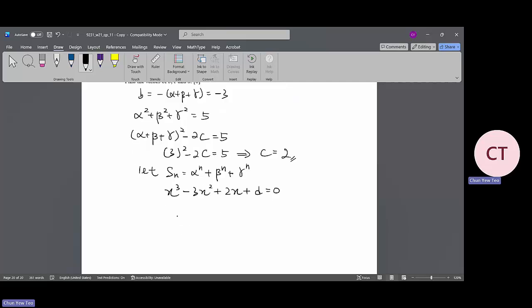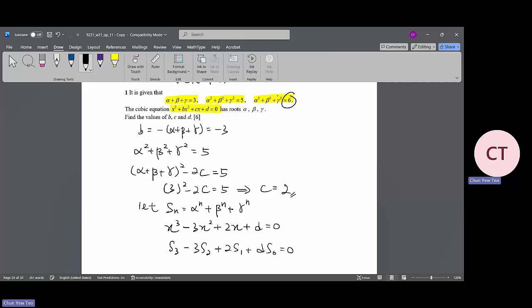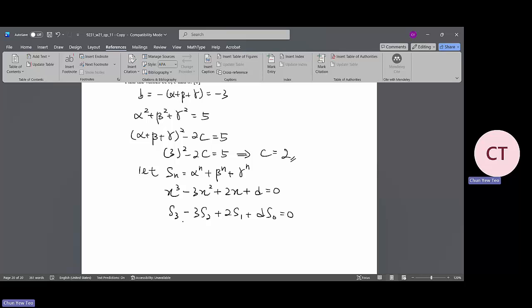So we can make this S3 minus 3S2 plus 2S1 plus D S0. We already have S3, which is 6, S2 is 5 and S1 is 3. So we have 6 minus 3 times 5 plus 2 times 3 plus 3D is equal to 0.